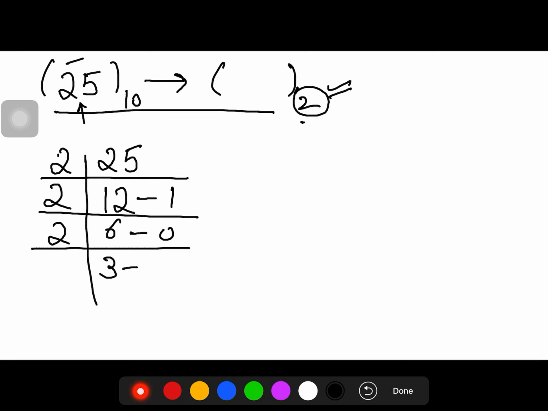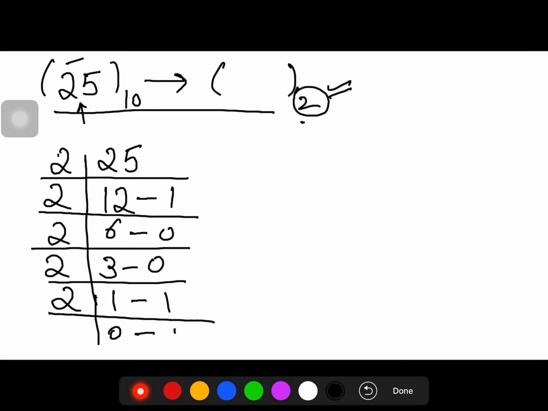Dividing 12 by 2 we get 0 as remainder. Again we get 0 as remainder. On dividing 3 by 2 we get 1 as remainder. On dividing 1 by 2 we get 1 as remainder.